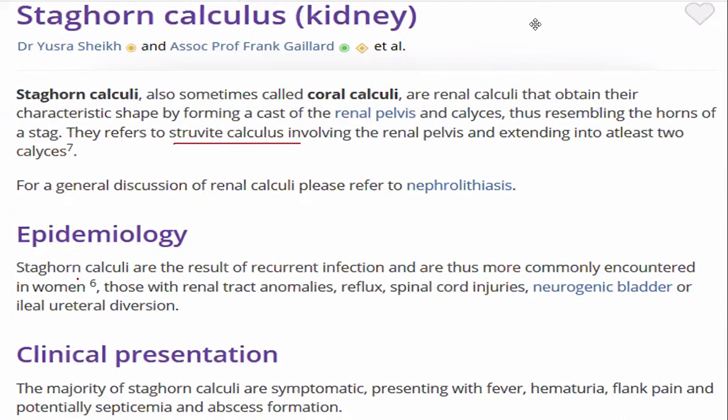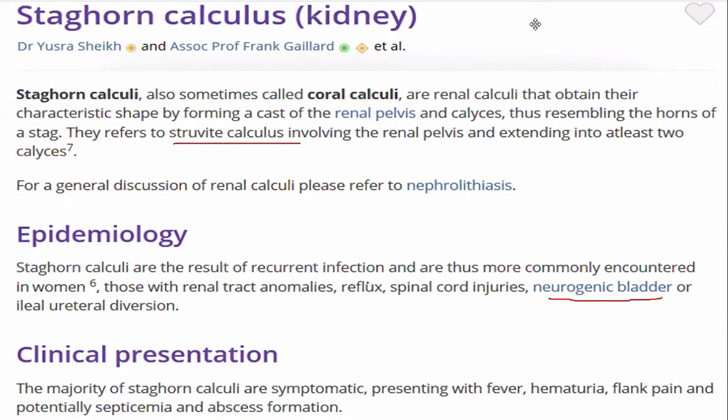In general discussion, Staghorn calculi are the result of recurrent infection and thus more commonly encountered in women. Those with renal tract anomalies, for example, ureterovesical reflux, spinal cord injuries, neurogenic bladder, or ileal ureteral diversion, can commonly develop Staghorn calculi. I told you, neurogenic bladder patients are prone to recurrent urinary tract infection, so they will develop Staghorn.